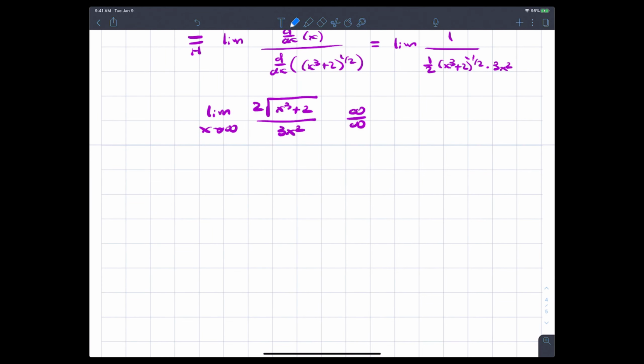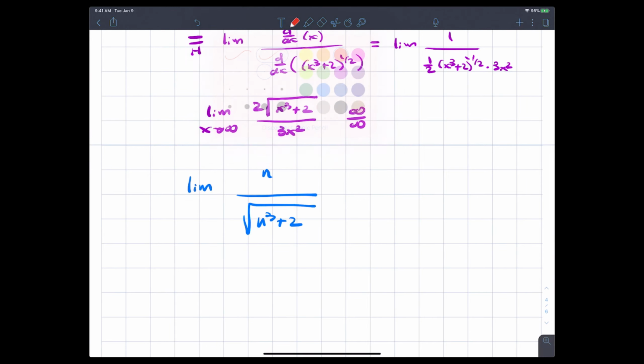So I have here the limit now, let's write it bigger, of n over the square root of n cubed plus 2.